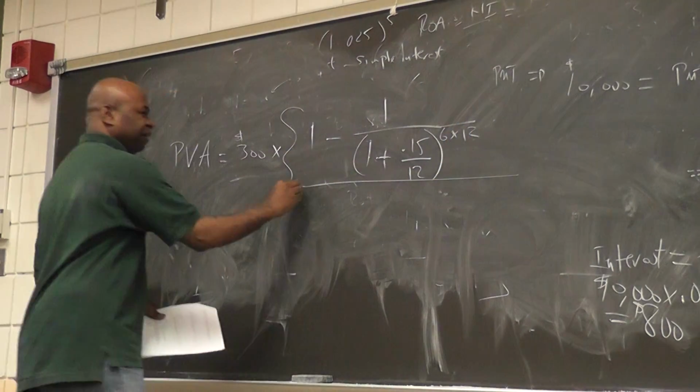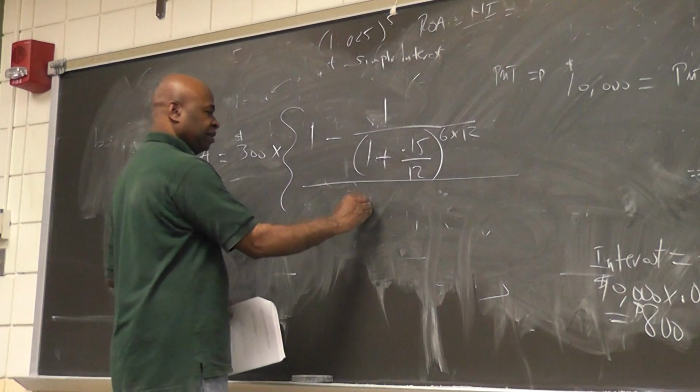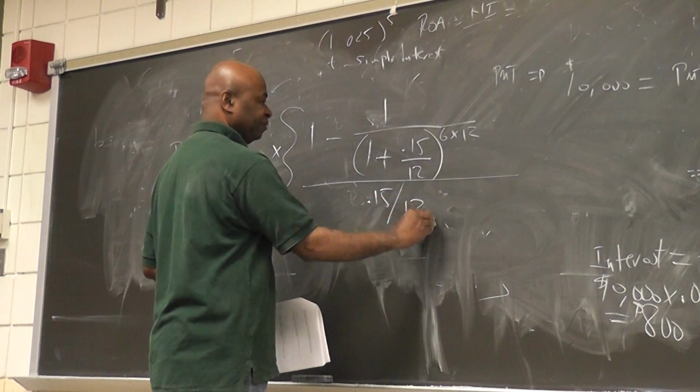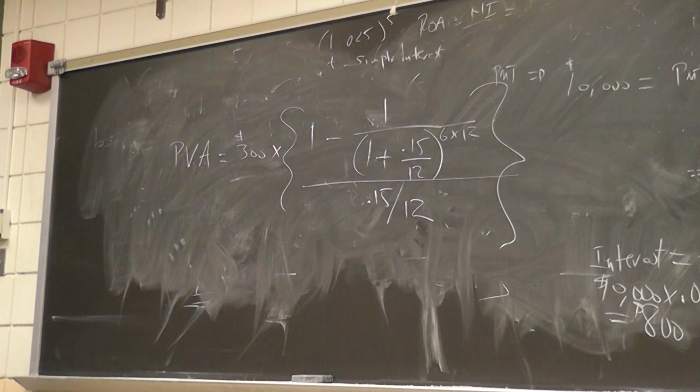That's the best way to write it, right? And then divided by the rate, which is 0.15 over 12.